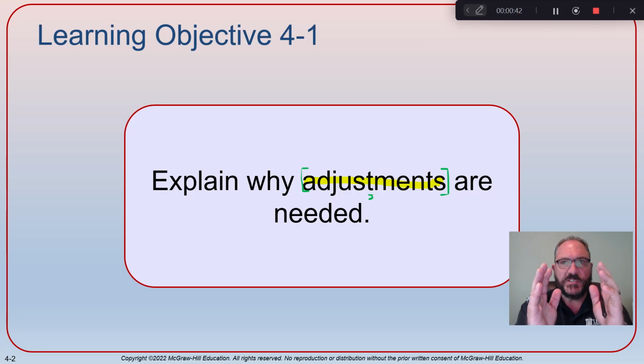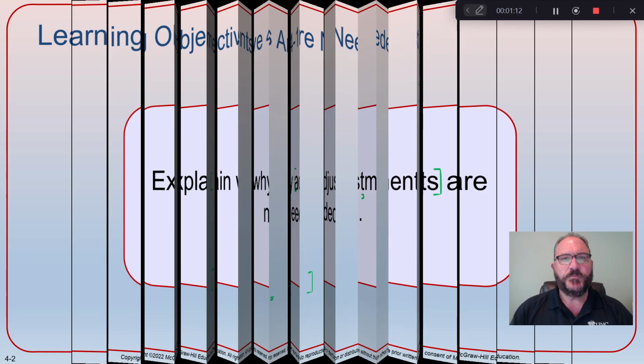We have to make minor adjustments to make sure that the revenue and the expenses are in the right period, okay? That's what these adjustments are all about. They usually have to do with an expense that hasn't been put in place yet, or with an asset that's being used up. But anyway, just follow through with this and you should be good to go.